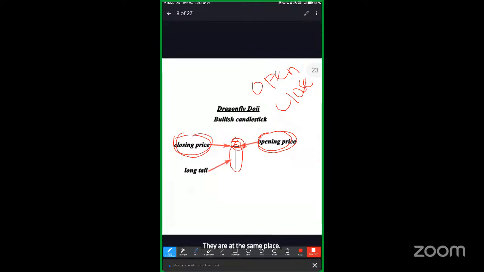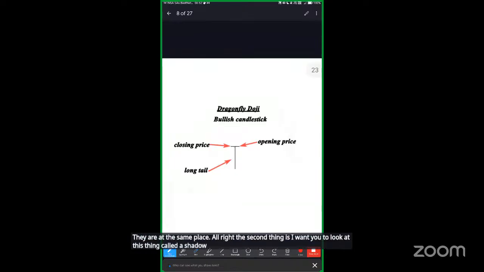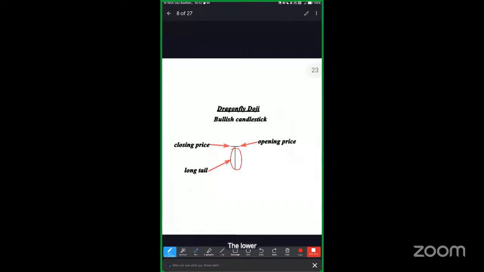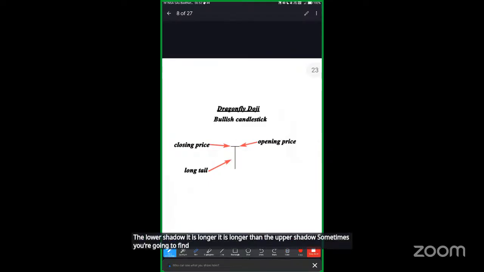The second thing is, I want you to look at this thing called a shadow. The lower shadow is longer than the upper shadow. Sometimes you're going to find this dragonfly doji with a little shadow on top, a short upper shadow.